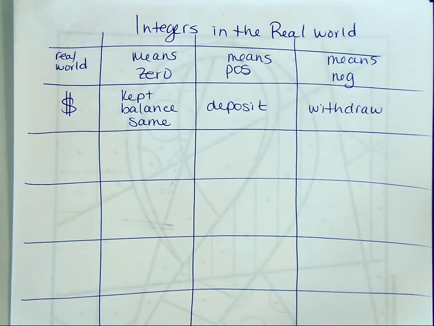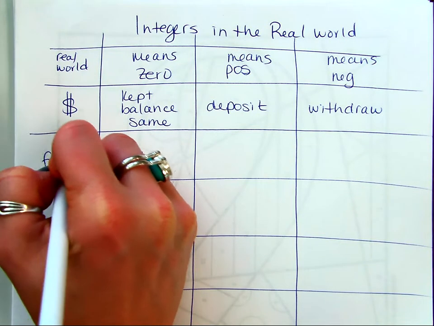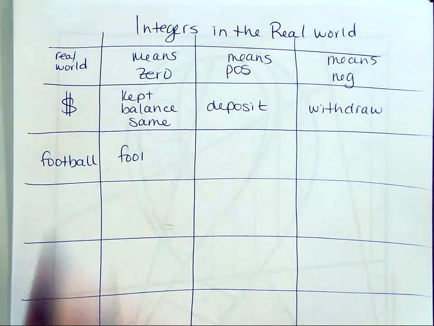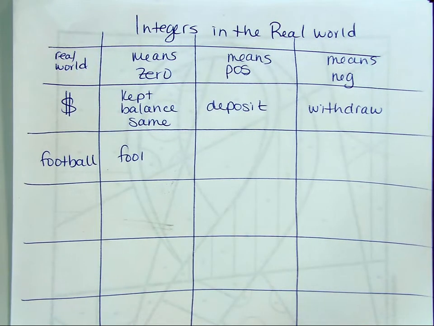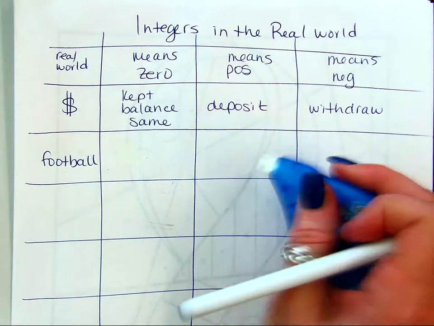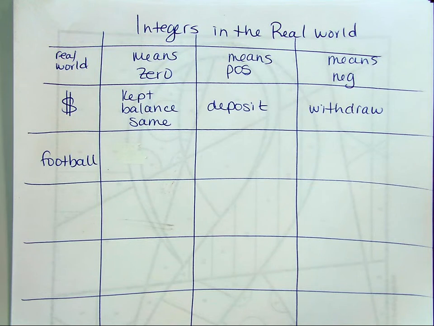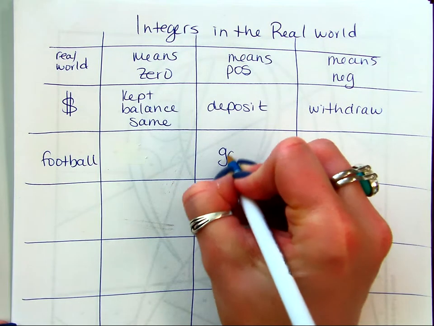Okay? Football was the other example we used, right? Let's write that here. So Roger helped us figure out what 2 words they use in football that mean positive and negative. You can either have a gain or a loss. What is gain? Positive or negative? Gain.